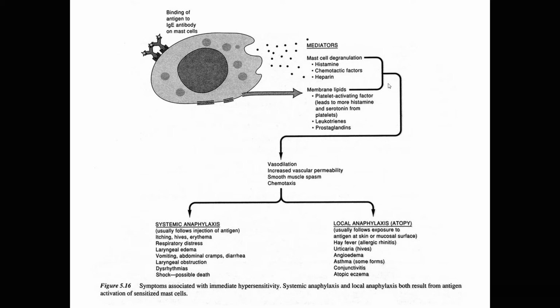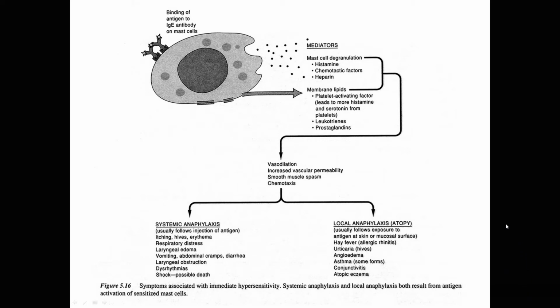It increases the vascular permeability and causes increased mucus production. Also, chemotactic mediators are produced and some enzymes, for example chymase and tryptase. Sometimes proteoglycans such as heparin are also produced and released.